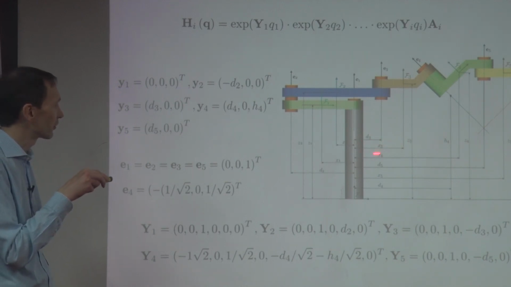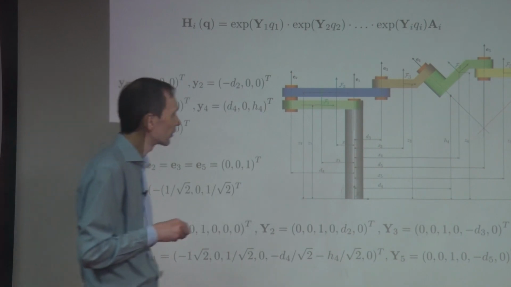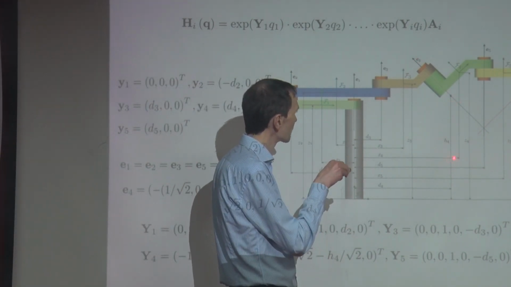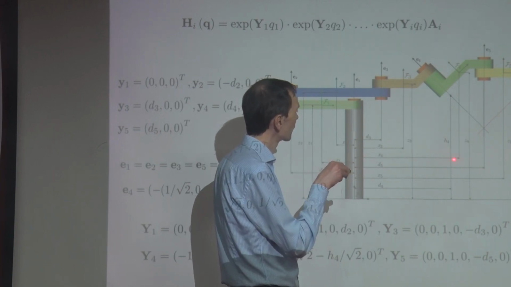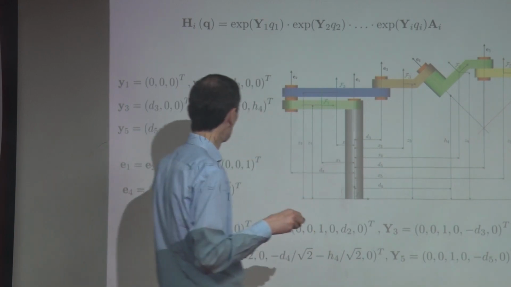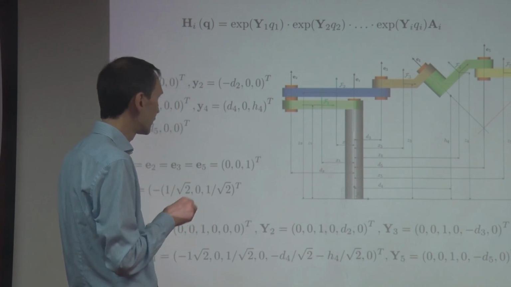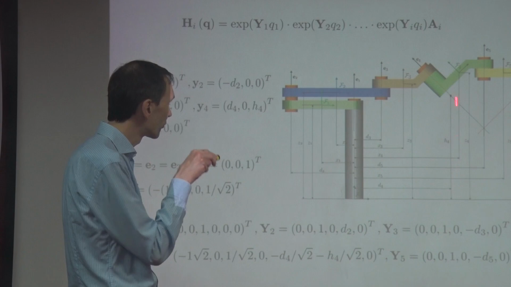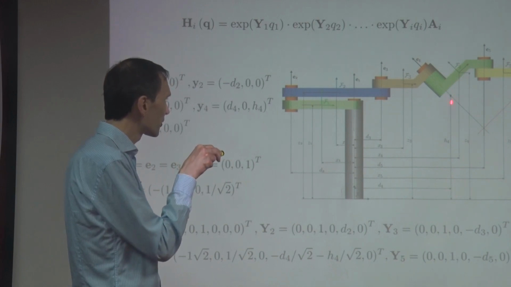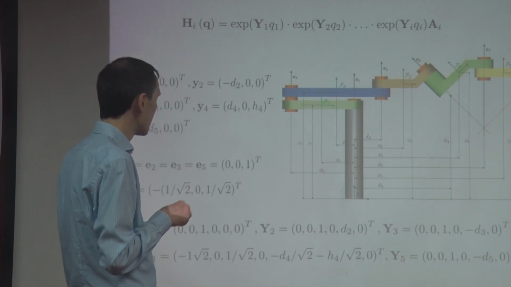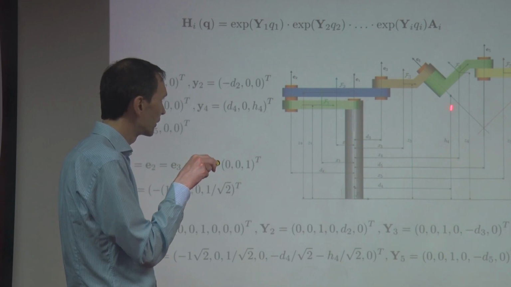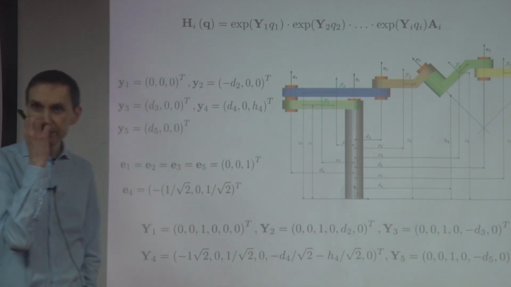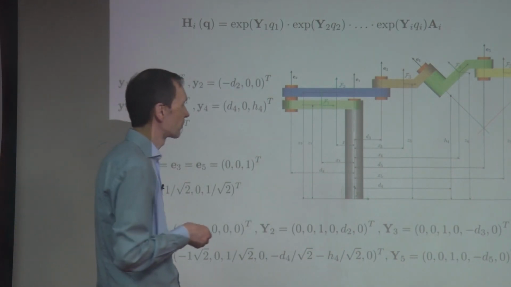And y4, so 4 is here. I measure d4, d4 is here. So d4 is just a point here, and then I measure h4, which is from here to here. Anyway, this is probably obvious. It's just distances.